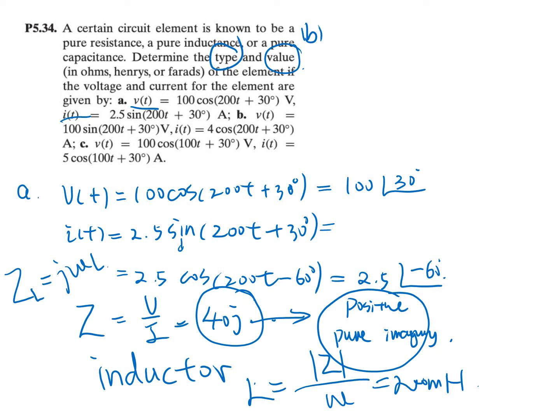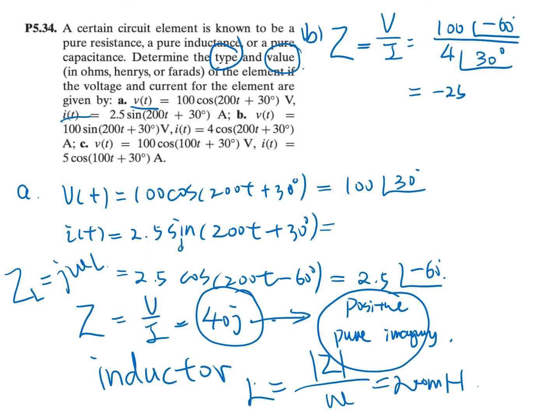Question B. Similarly, you can first convert V and I into the phasor domain. Z is equal to V over I. That is 100 angle negative 60 degrees over 4 angle 30 degrees. And to simplify this, you can get negative 25j.